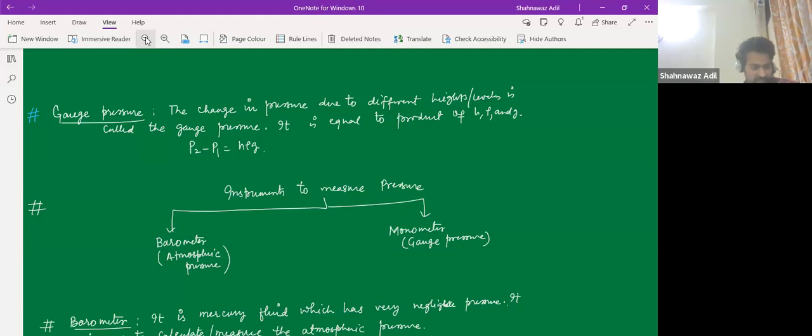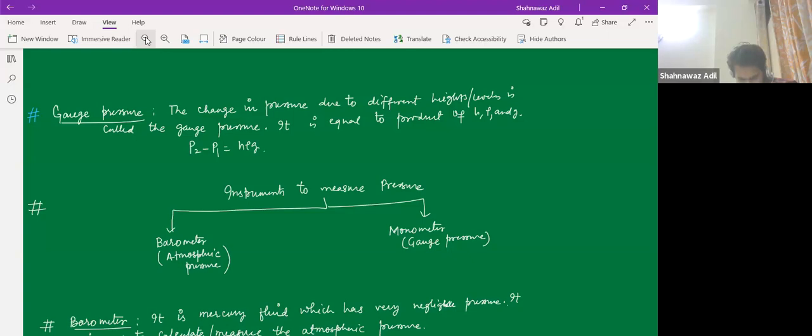The manometer has a different diagram, so I will make the diagram this way. But what was the example that I wanted to talk about?